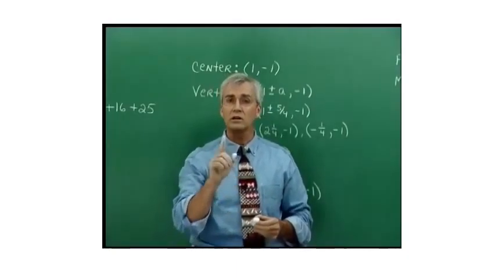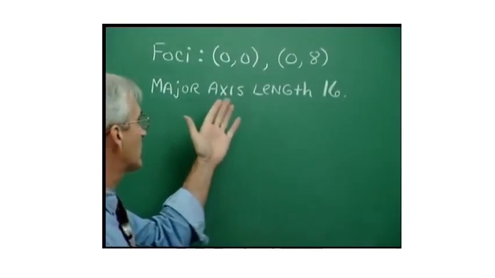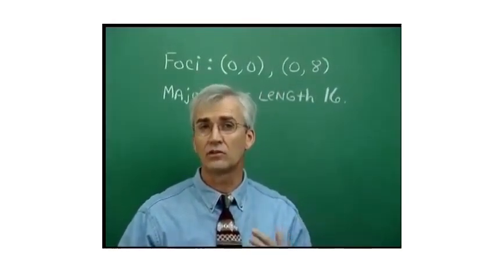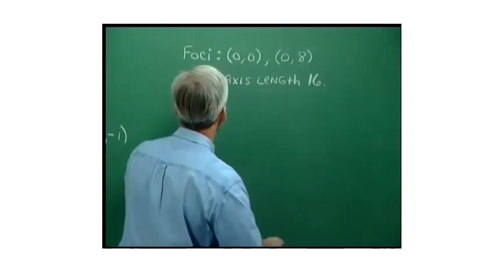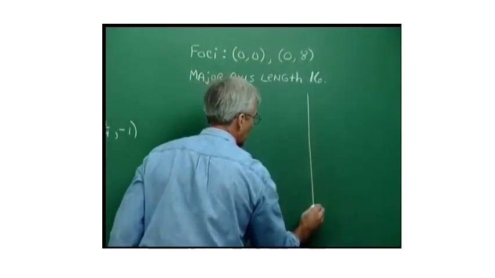So we can do an awful lot with these problems without even consulting with the graph or using it for reference. Consider this problem. Here we have information about a graph, and we'd like to write the equation associated with this information. We would start by sketching a graph, or starting the sketch of a graph using the information we have. Now, the coordinates of the foci allow us to think sort of this way. Now, let's see.